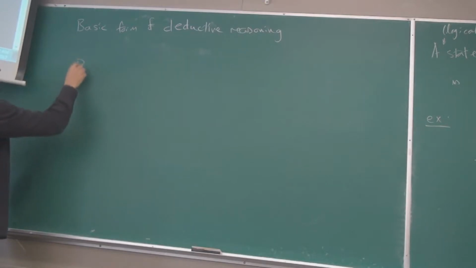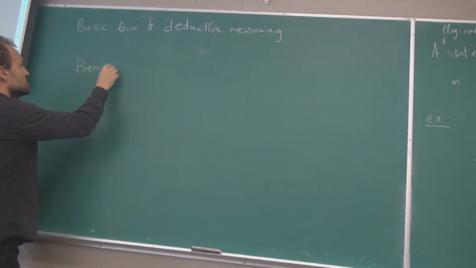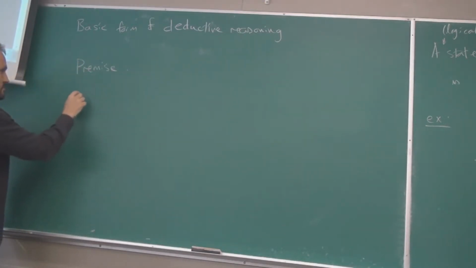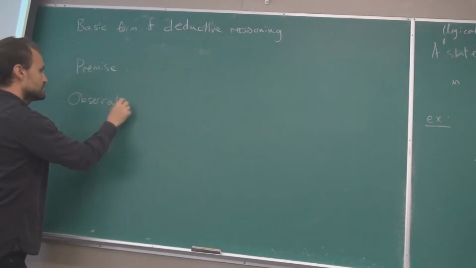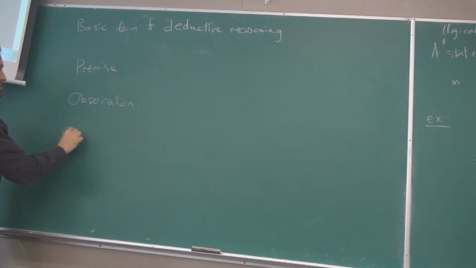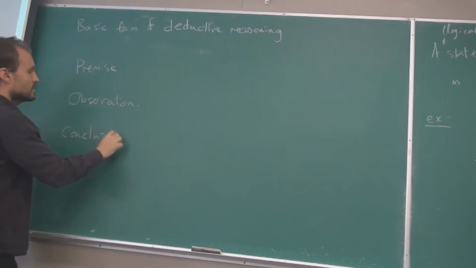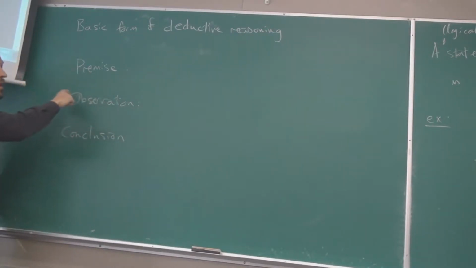You have what we call a premise. Then you make some sort of observation. And then you draw your conclusion. Now in the more complicated ones, there could be multiple statements in the observation and in the premise, but we're not going to get that fancy. We're just doing an introduction to see how these things work.